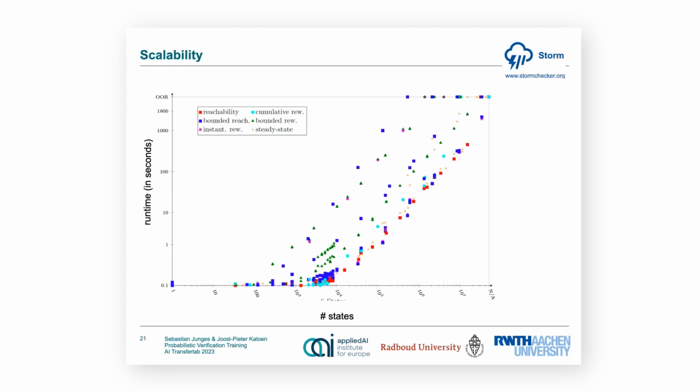How does this scale? So here you see a plot that we computed with Storm with several different measures. The red boxes are reachability queries, the queries where you just have to solve a system of linear equations. You can also have bounded reachability, so that means you need to reach a certain set of states within a certain number of steps.